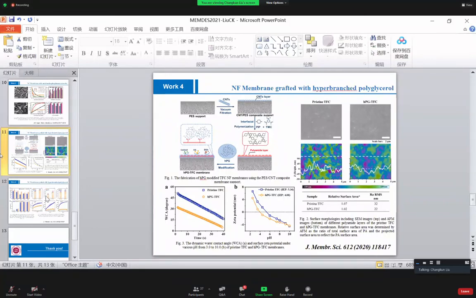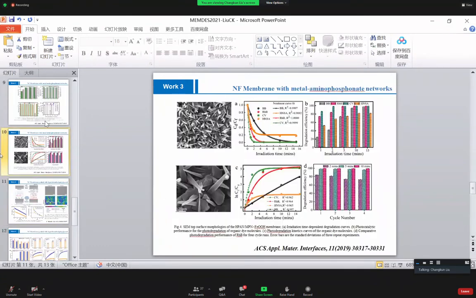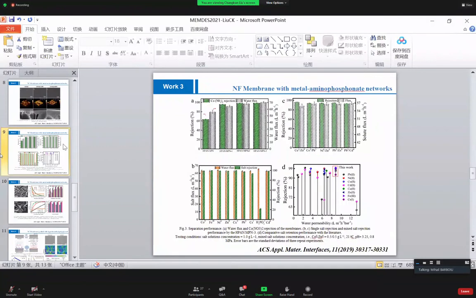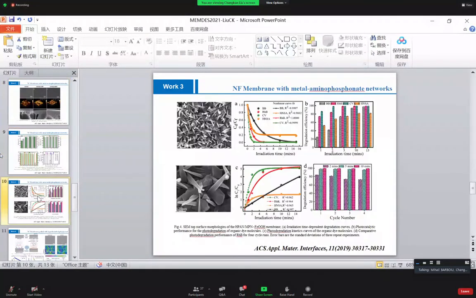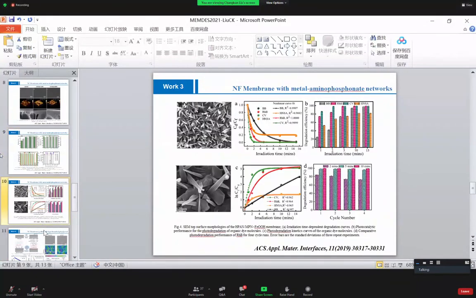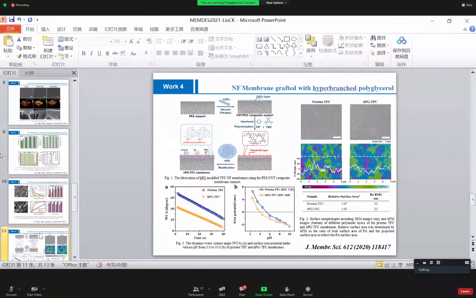You mean the nanofiltration membrane preparation? Which work? It doesn't matter. In general, I'm speaking. What is the importance of the way you add the additives to the membranes? You mean the preparation, right?